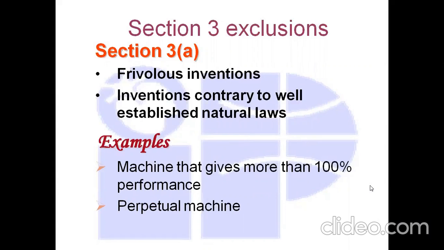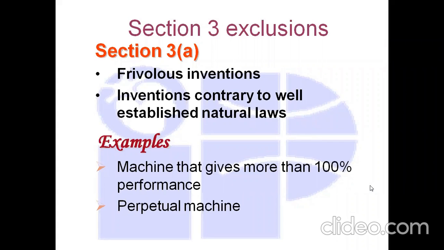This is the frivolous invention, meaning insignificant or trivial. You can't patent this invention. It is contrary to well-established natural laws, for example a machine that gives more than 100% performance.